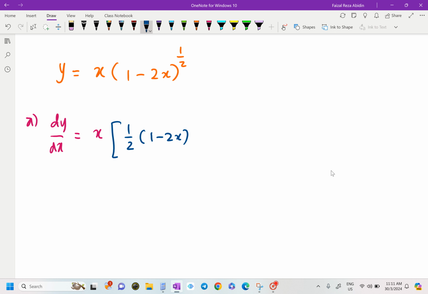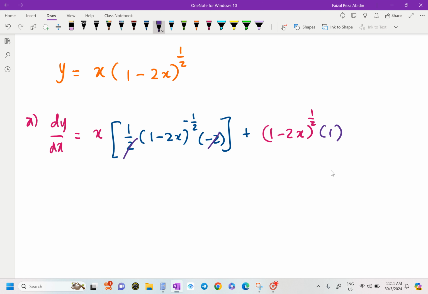Then that one is minus 1, so 1 over 2 minus 1 is going to be negative 1 over 2, and inside the bracket I'm going to get only negative 2. Then it's supposed to be 1 over 2x, 1 over 2, and then I times with 1. So this one I'm going to change back, this one also I can change back. Negative 2 and 2 over here, simplify.